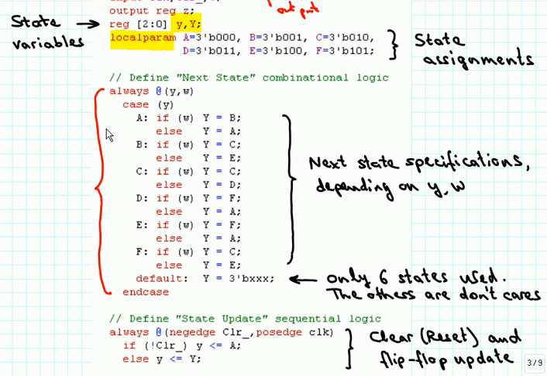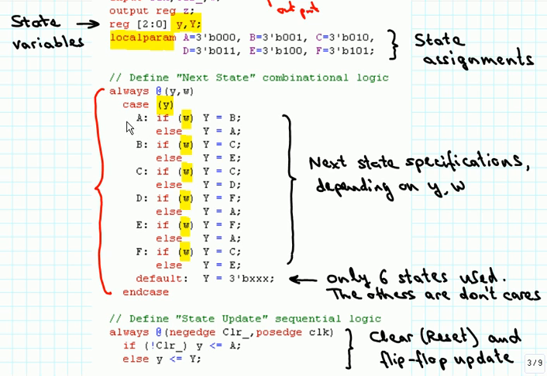So the current state appears in here in the case statement, and then also depending on the inputs W, those define the particular transitions that we are going to make from one current state into the next state.